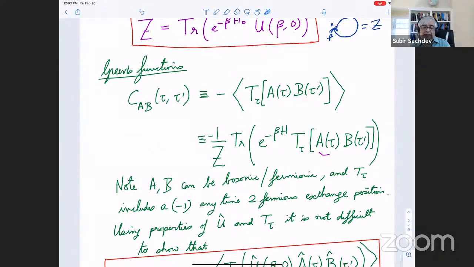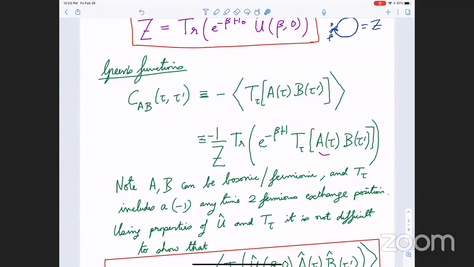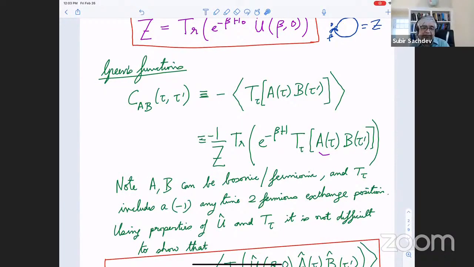And then, of course, to generate diagrams, you can't do anything with this. To generate diagrams, you have to go to the interaction representation and then expand in powers of the interaction. But to prove the KMS theorem, it's much easier to just start with this basic definition. So let's just start from that definition and see the KMS theorem.